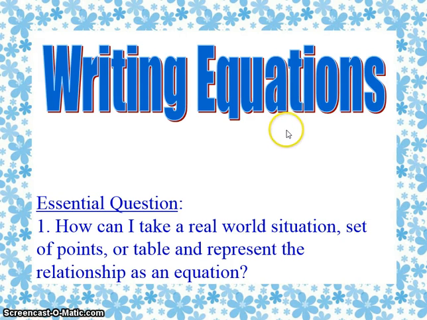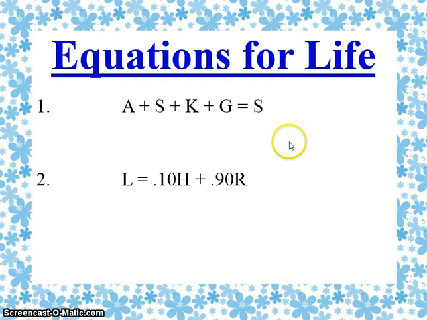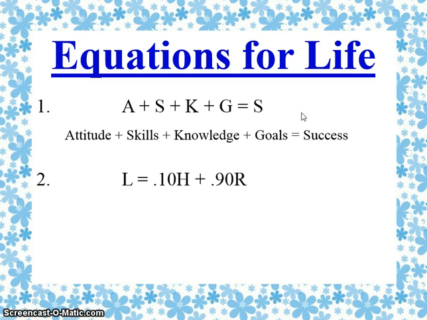To get us started, I have a few real-world equations that apply to life. So we have A plus S plus K plus G equals S. Remember, each variable represents an unknown amount. This equation represents the saying, attitude plus skills plus knowledge plus goals equals success.